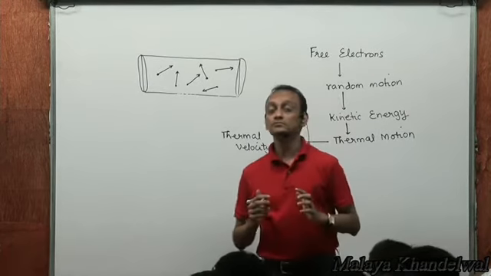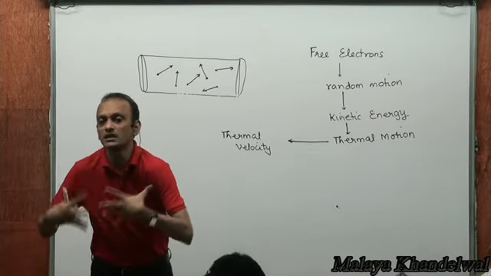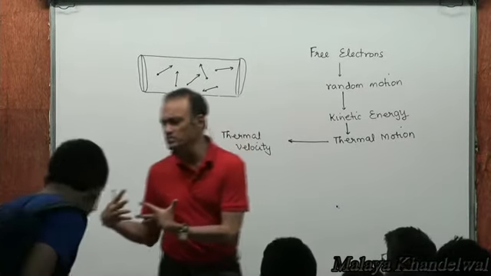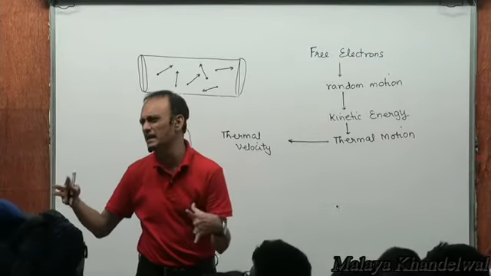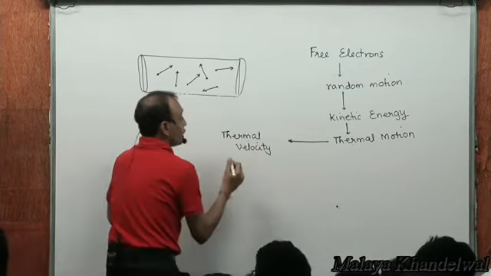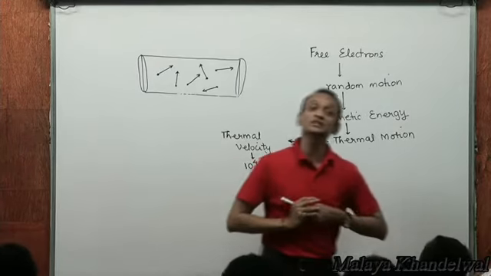And thermal velocities in a typical conducting material at normal temperature, say 27 degrees centigrade to 30 degrees centigrade, are roughly of the order of 10 to power 4 meters per second.